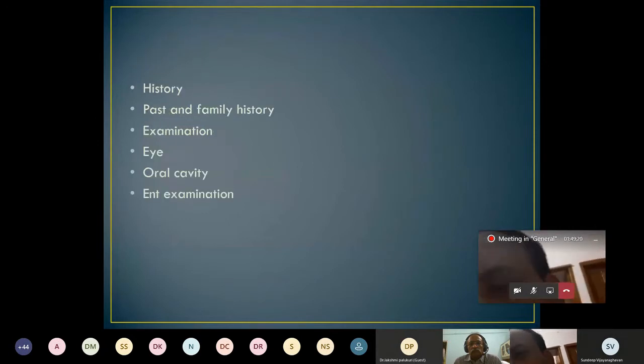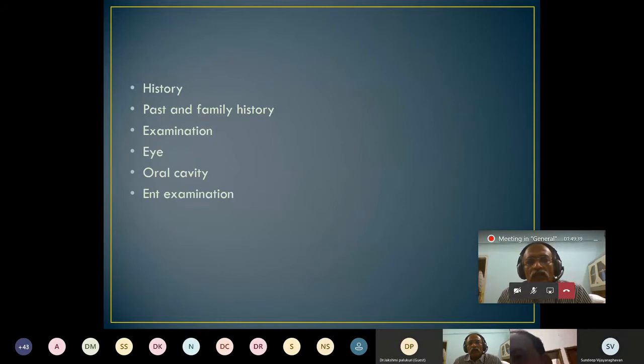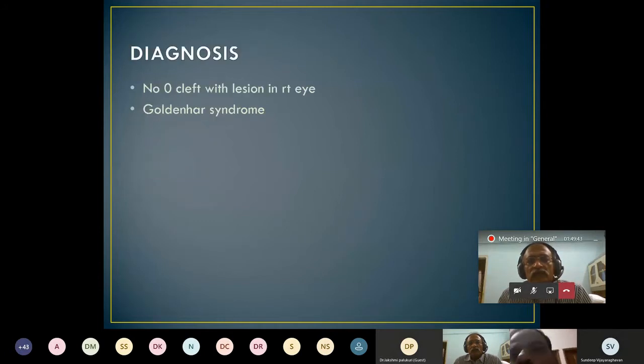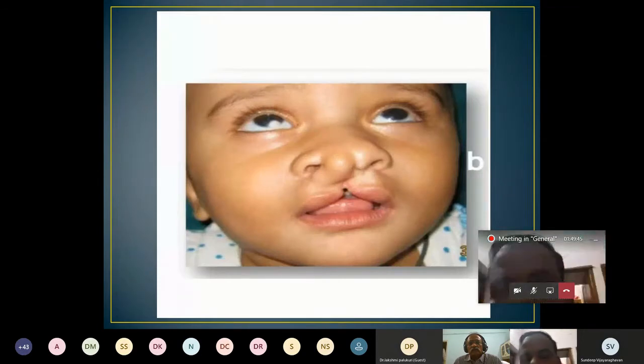If the family members are asking about that, chances of other family members, I have to explain for genetic counseling and all. I want to examine the patient. Can you show the first slide?